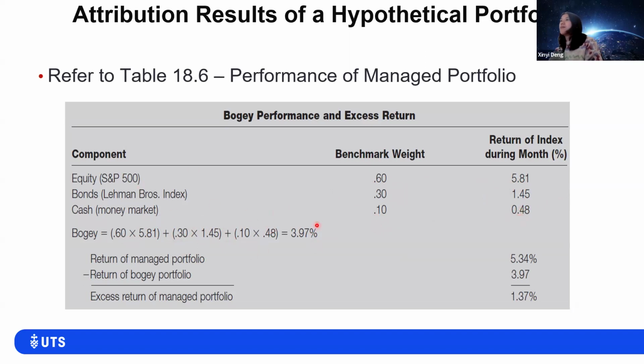And this means that the return on the bogey is 3.97. If we take the return of the managed portfolio and subtract the return of the bogey portfolio, we obtain 5.34% minus 3.97%, which leads to 1.37%.